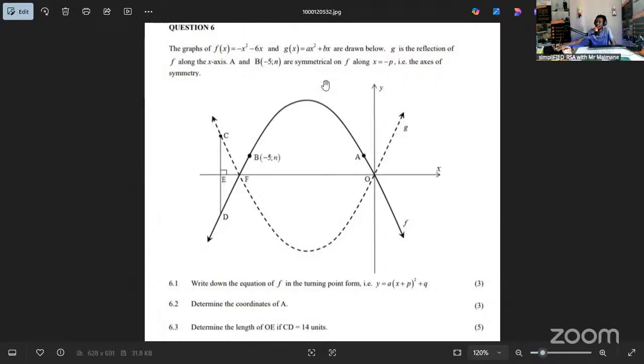Since they are symmetrical, ideally, from what you see, what do you think point A is supposed to be before we even calculate it? If point A and B are symmetrical, what does that say in terms of their values?